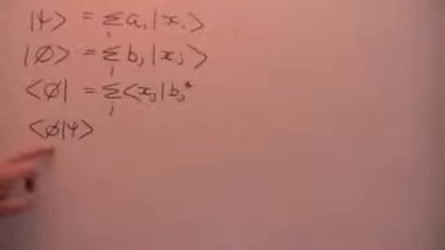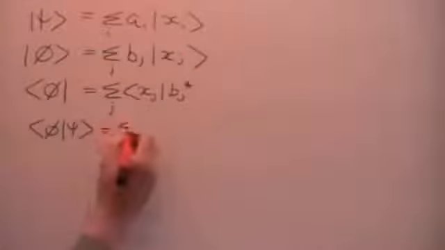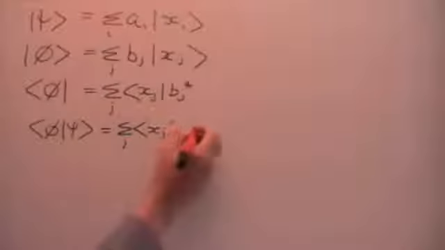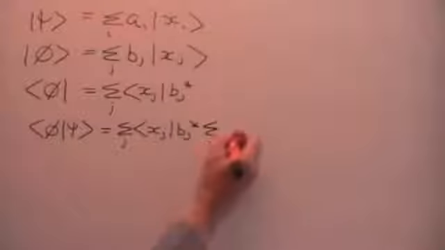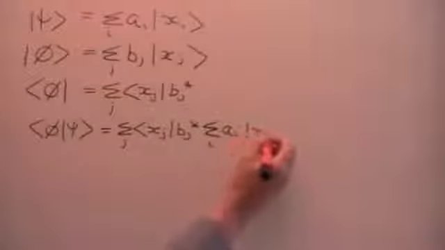The inner product of φ with ψ is going to be, well, first we need the bra vector of φ, which is this term here, sigma j, xj, bj star, times the ket vector of ψ, which is this term here. That's the sum over i, ai, xi.